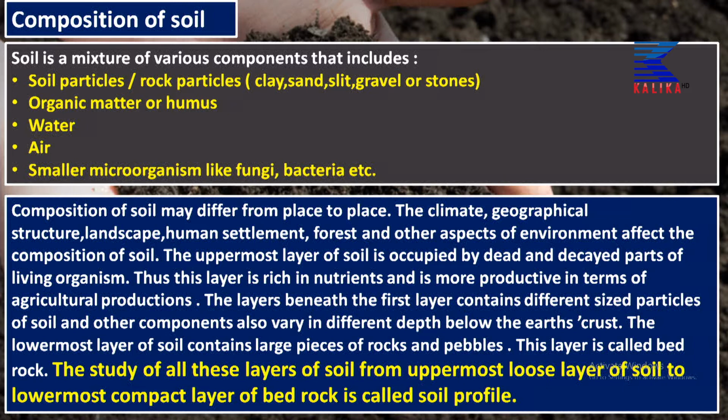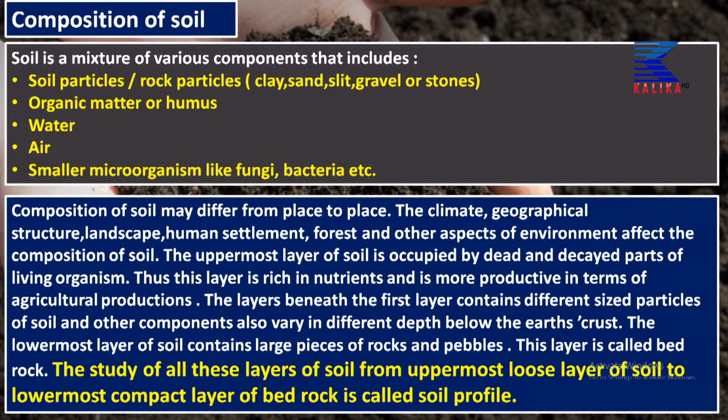It is written in the second paragraph: composition of soil may differ from place to place. The climate, geographical structure, landscape, human settlement, forest and other aspects of environment affect the composition of soil. The uppermost layer of soil is occupied by dead and decayed parts of living organisms. Thus, this layer is rich in nutrients and is more productive in terms of agricultural production.